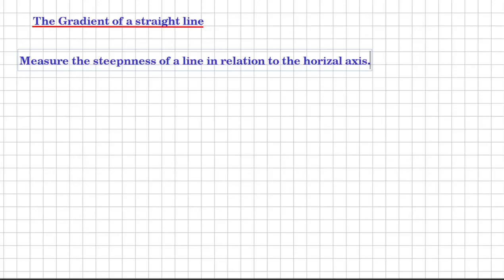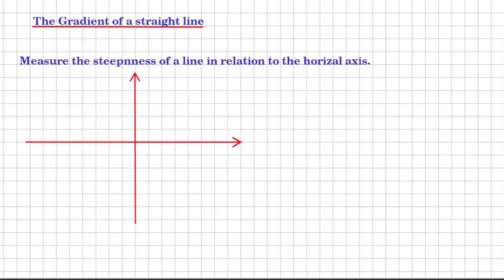Now let's draw our Cartesian coordinates so that we can actually view this on the Cartesian coordinate. This is the vertical axis, which we normally refer to as the y-axis, and this is the horizontal axis, which we normally refer to as the x-axis.